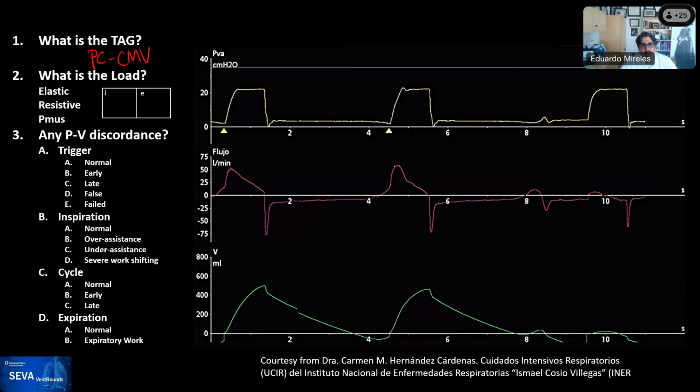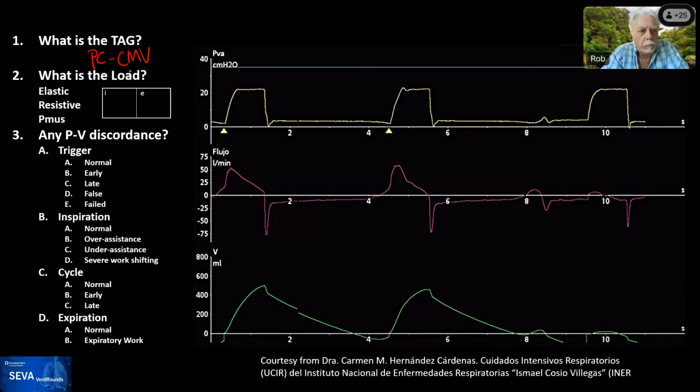And we know that because if we look at the flow waveform, each one of the flow waveforms is different. On the third mechanical breath present here, you can see that essentially no flow is delivered. In the other ones, each one is different. So that is consistent with a patient who is on pressure control. Roberto? Yep, it's all good.